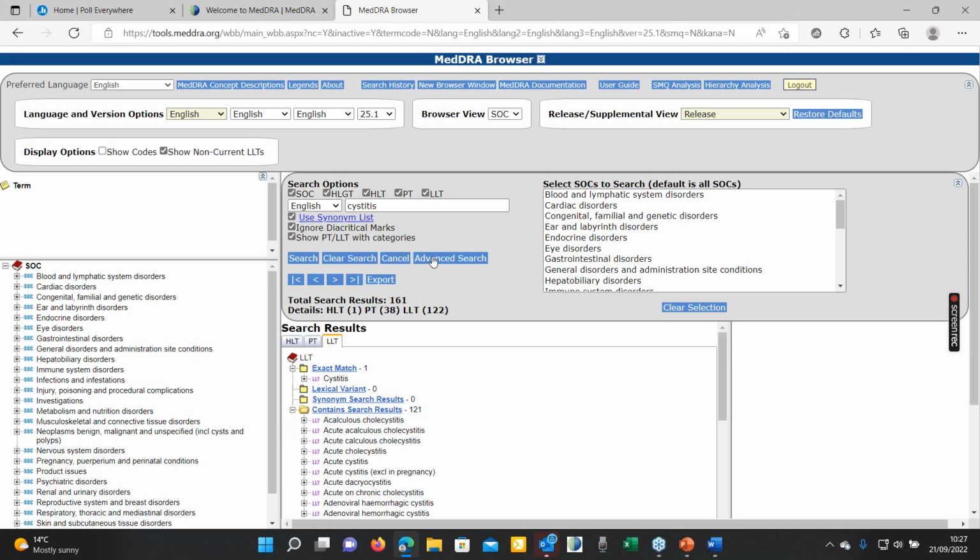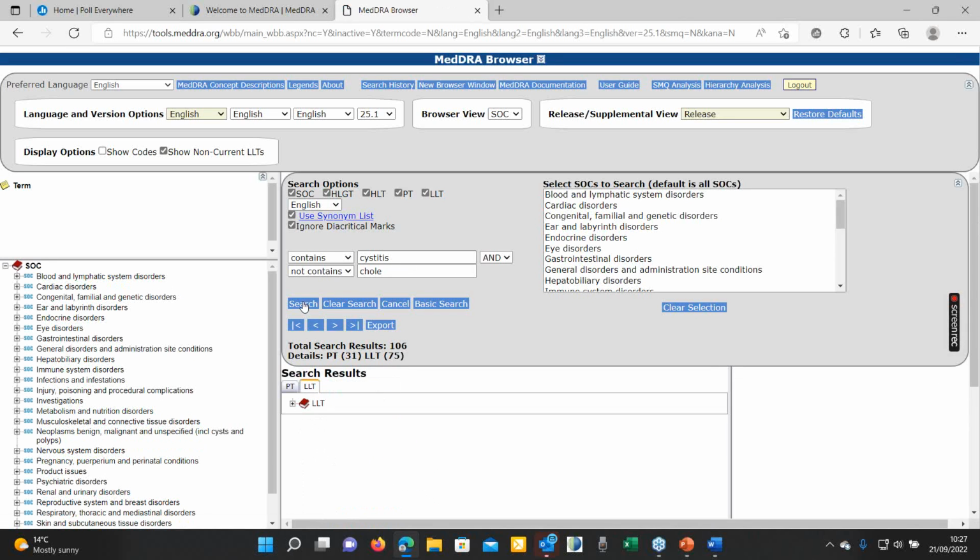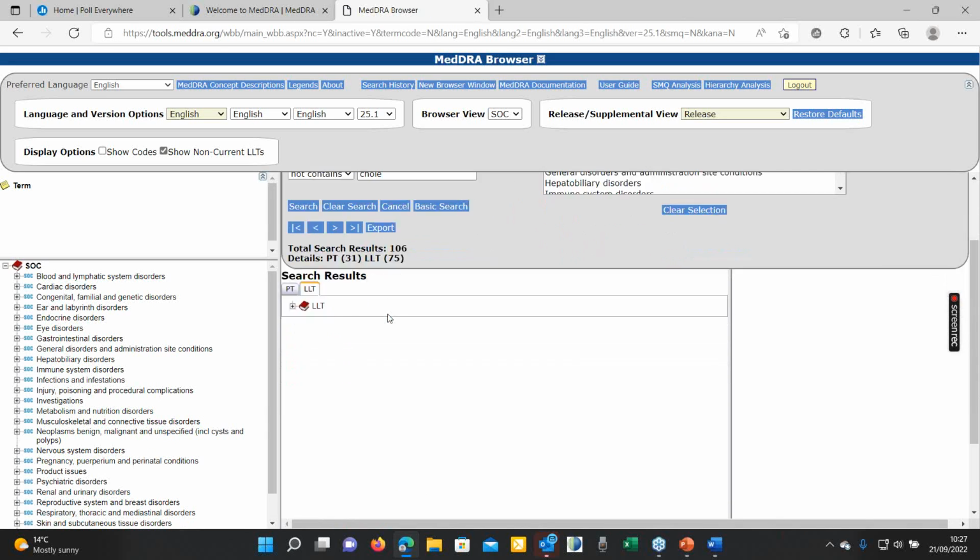But even if I did an advanced search and I looked for cystitis, but not cholecystitis, coli, I could limit it to picking up cystitis from the urinary bladder then. Contains cystitis but doesn't contain cholecystitis.